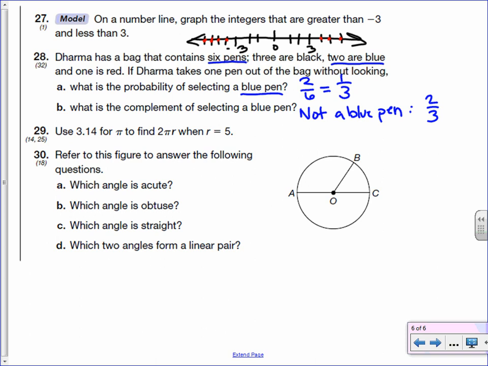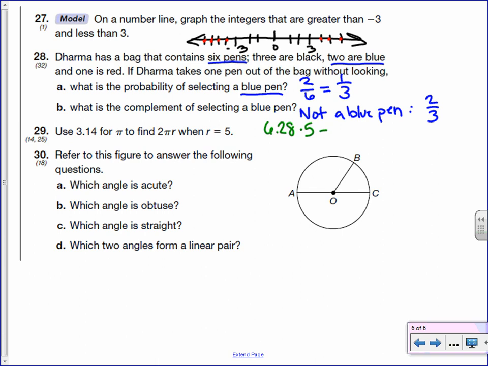Use 3.14 for pi to find 2 pi r when r is 5. So 2 times 3.14 gives us 6.28. And then times r, which is 5.